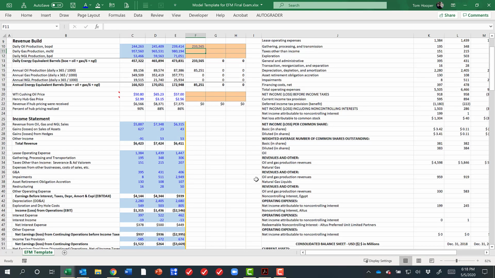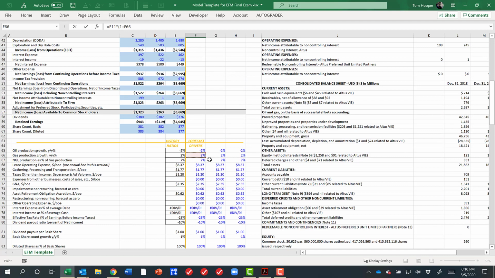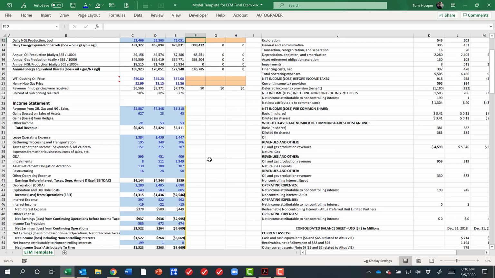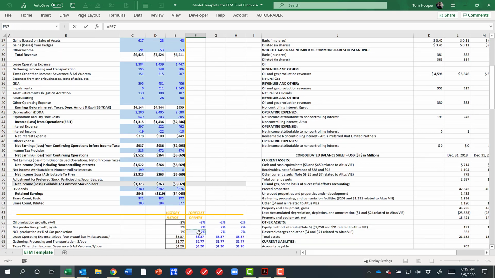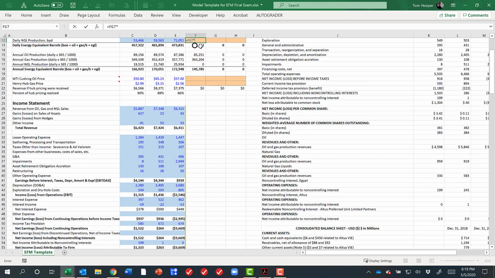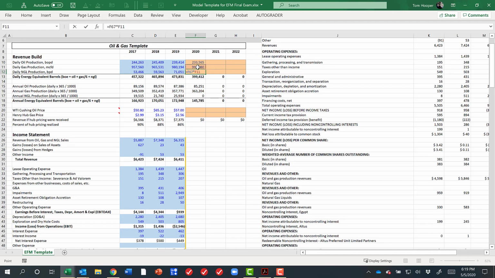And then the same thing for gas. And I think the way we forecast NGL, we said NGL would be a percentage times gas. And let's see how that worked out for us.